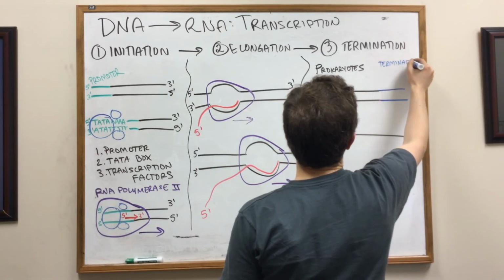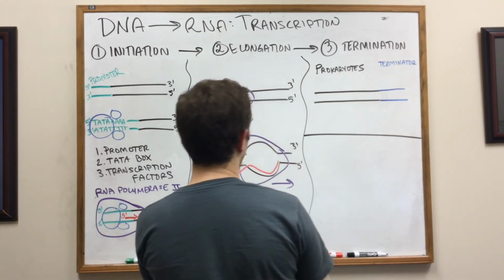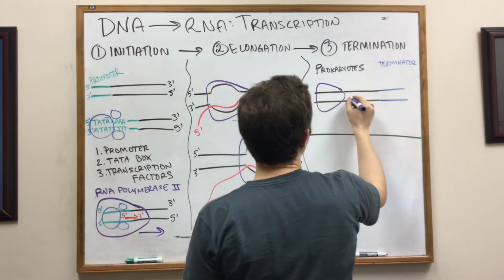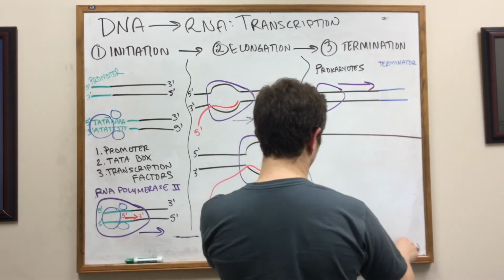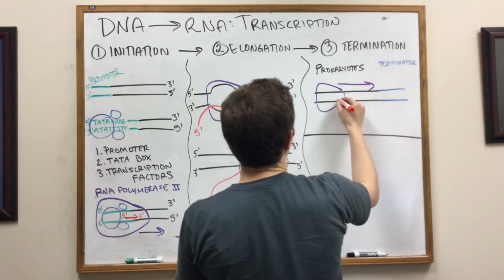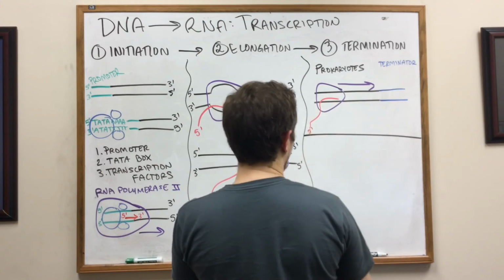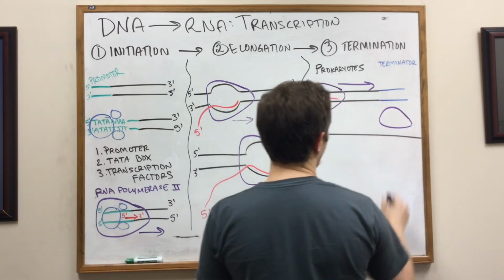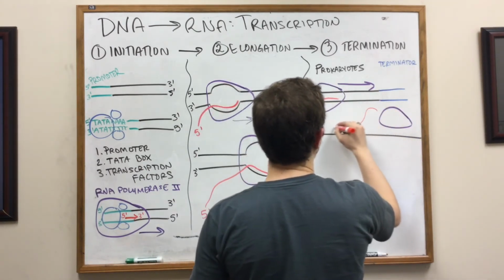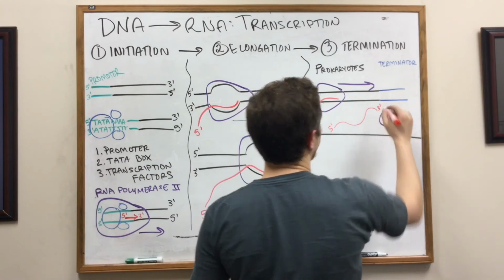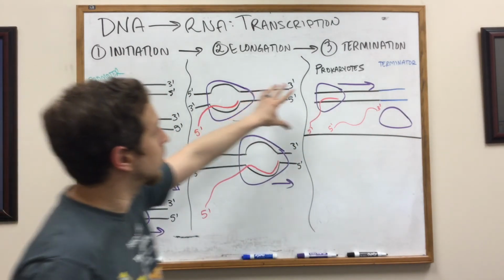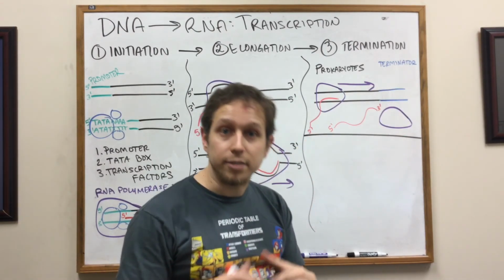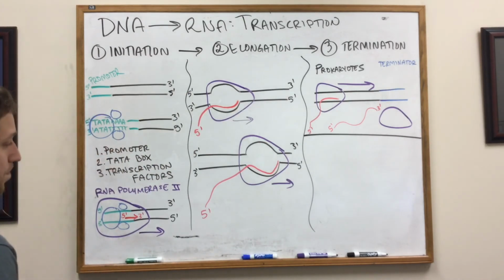So this terminator sequence exists, and when the polymerase reaches that terminator sequence, so here's our polymerase still chugging along and synthesizing mRNA, but when it reaches that terminator sequence, the polymerase falls off. And when it falls off, it releases that piece of RNA that it had generated. So in prokaryotes, all that's required is for the polymerase to reach a terminator sequence, and once it does, it falls off of the DNA.